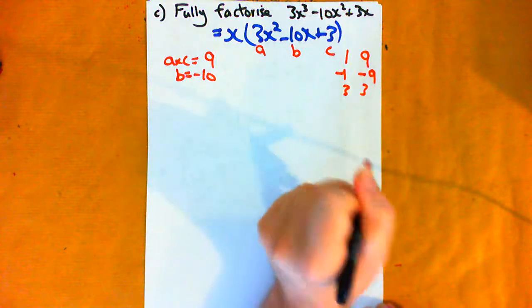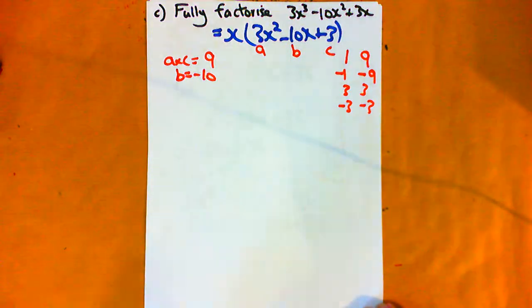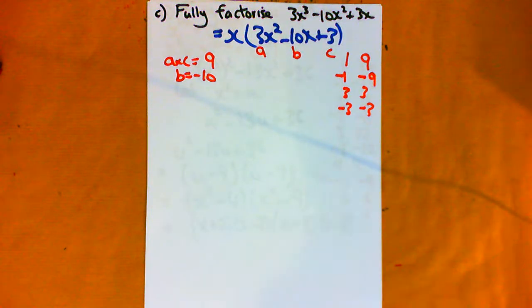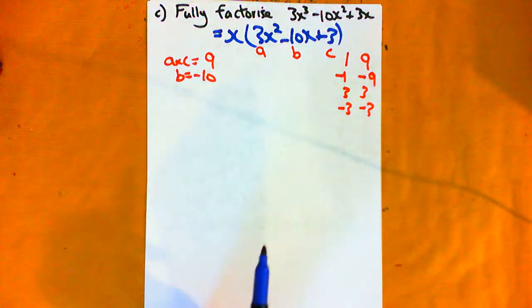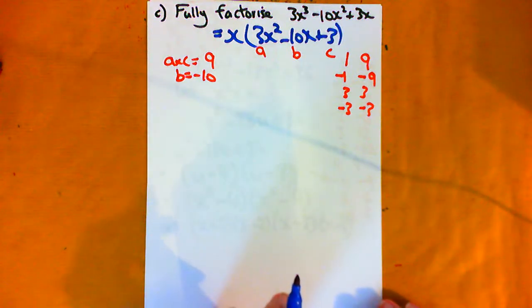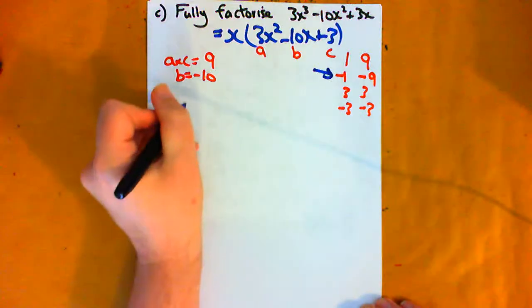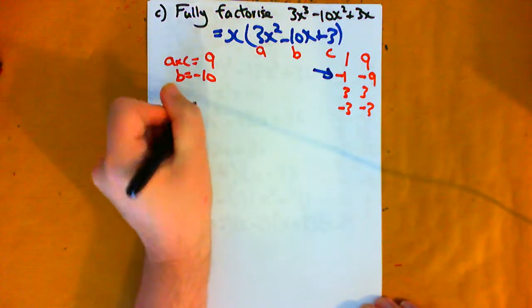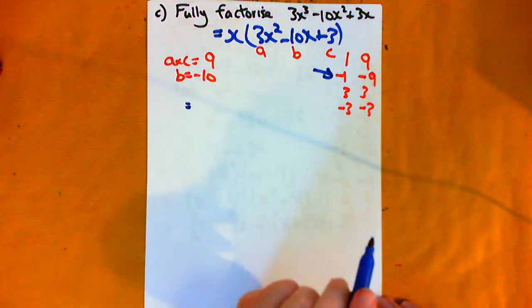Because 3 times 3 is 9. 2 does not go into 9, so we're not going to list 2. And because we've got a number on both numbers in a pair, we can be sure that we've got them all. So we're looking for the pair that adds up to minus 10, which would be minus 1 and minus 9. So we have to split up this middle term, which is the minus 10x, using that pair.